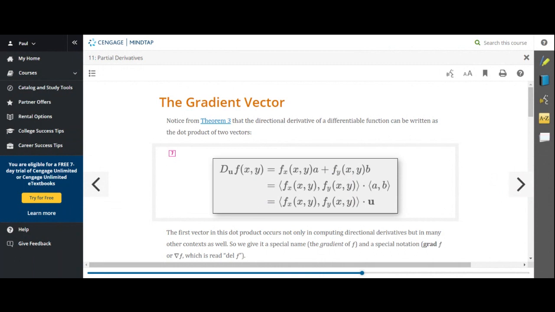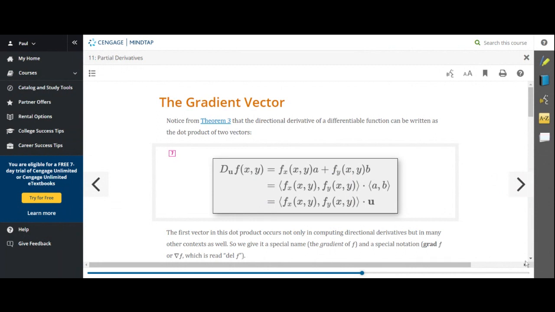The directional derivative can be expressed as a dot product of the vector of partial derivatives and the unit vector that you're interested in. And the vector of partial derivatives is known as the gradient vector.